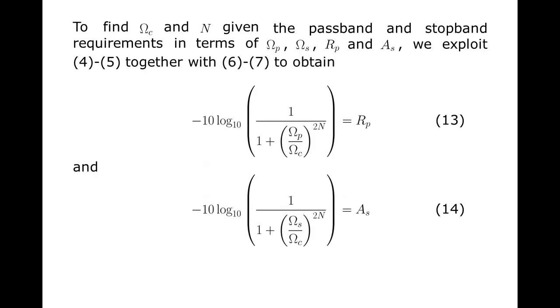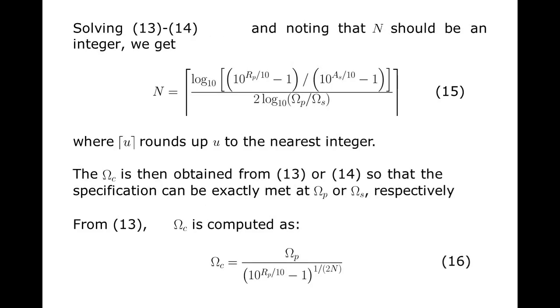And then ohm C, the actual cutoff frequency, we can find out from the order of the filter given, and so we can find out ohm P, ohm S, RP and AS. We can find out the order of the filter by using this particular formula also.